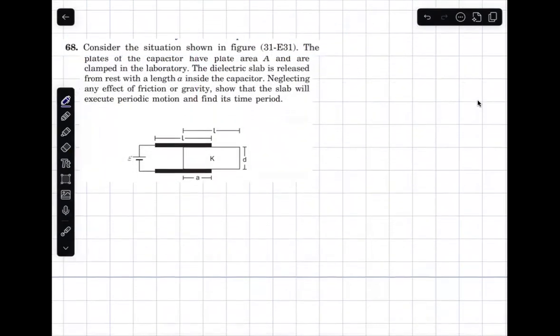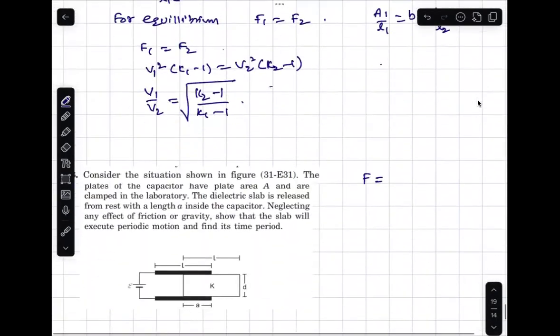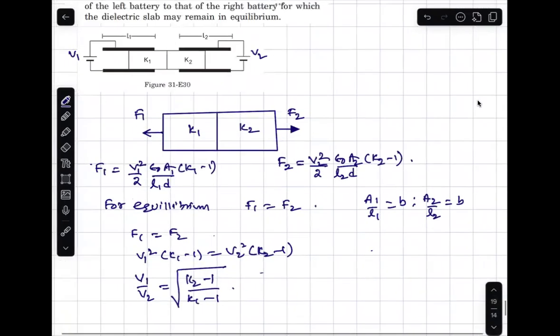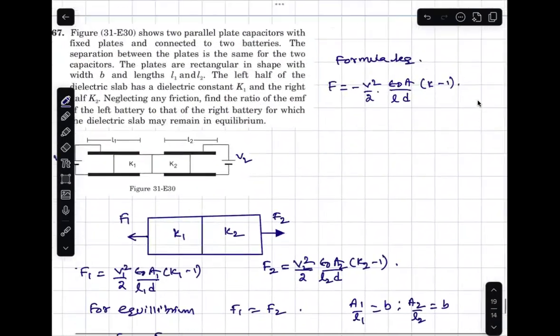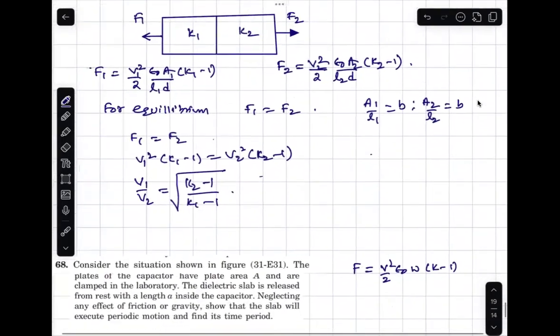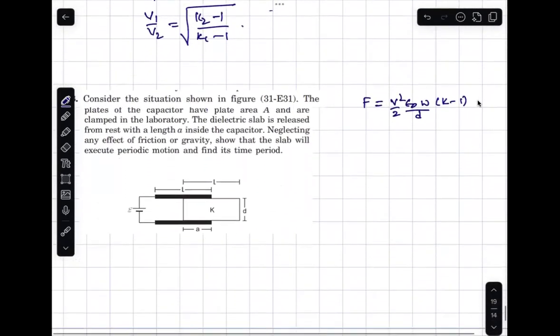Very simple. You again require the same formula. F is equal to V square by 2 epsilon naught width times K minus 1, divided by D. Consider the situation shown in the figure.